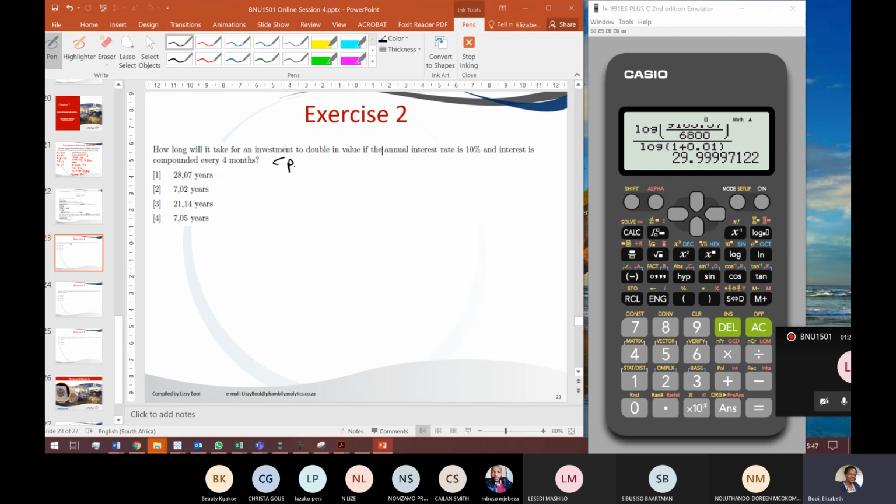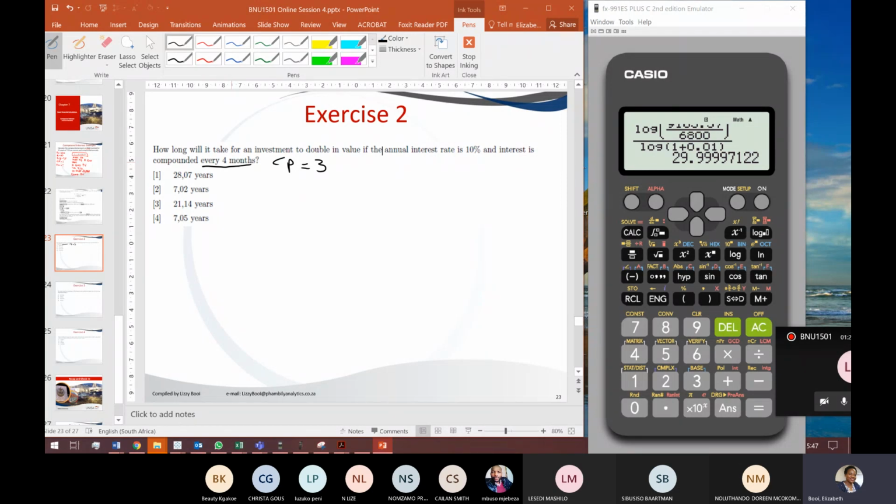So the compounding periods for this one will be 3 because that's how I'm going to split the year. Remember the year has 12 months. If it's compounded every 4 months, how can I break the 12 months of the year into 4 months? I will be left with only 3 groups of 4 months because it's 4, 8, 12.